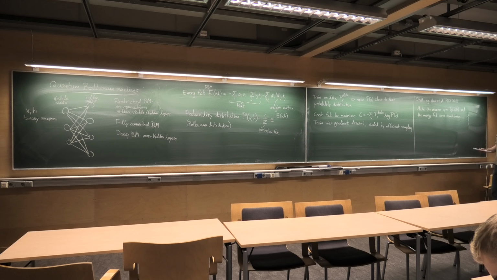So one idea people have is that maybe if you have qubits instead of these binary neurons, then you can represent some particular probability distributions better, in particular probability distributions that arise from quantum physics.